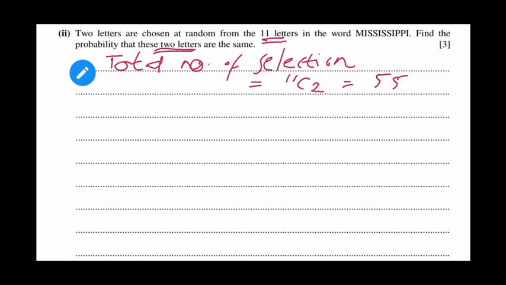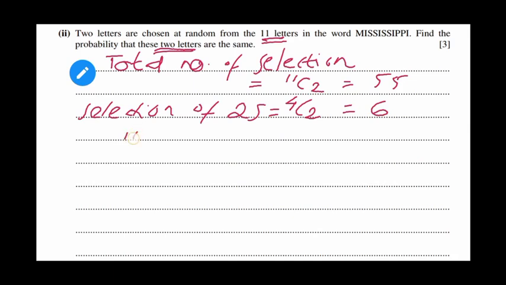Okay, now we are going to select 2 letters, they are of the same. So what will be the selection of 2 y's? Totally we have 4 y's, and from that 2 should be selected. So it is 4C2, which is 6.